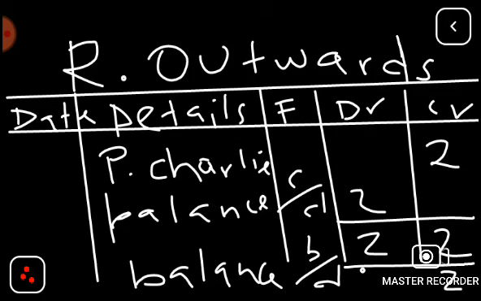Now, what does this 2 kwacha mean? This 2 kwacha means that we just returned 2 kwacha of the 10 kwacha that we had gotten from P. Charlie. I hope also this video is going to help you. By the way, remember that in the returns outwards, we only record things that we have returned to our suppliers only. Nothing else comes into this.